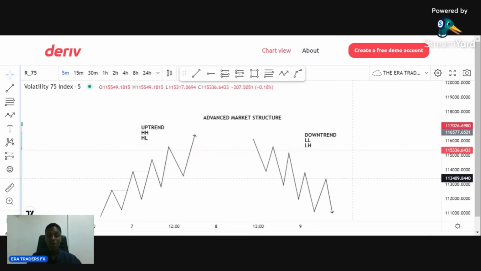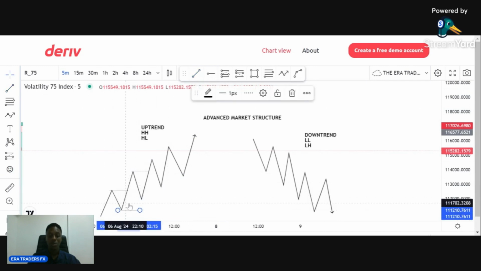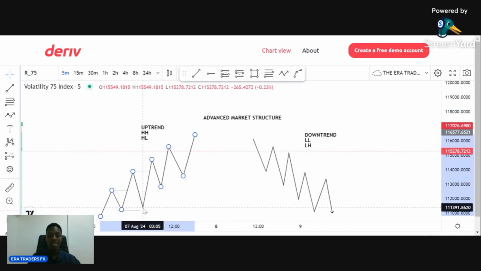In the real sense, for your highs and lows to be confirmed as a strong high that will not fail, right? Because you are not so sure that this low will hold price, right? You are not so sure. Market might just come back down to take it out, right?